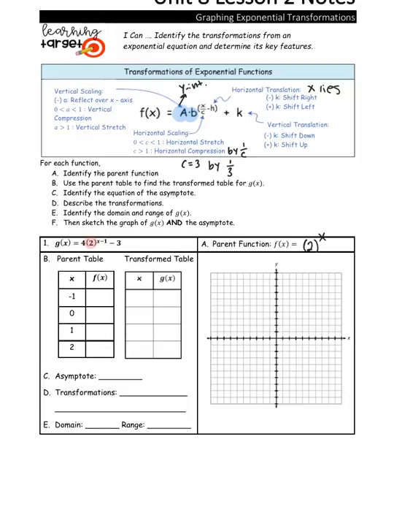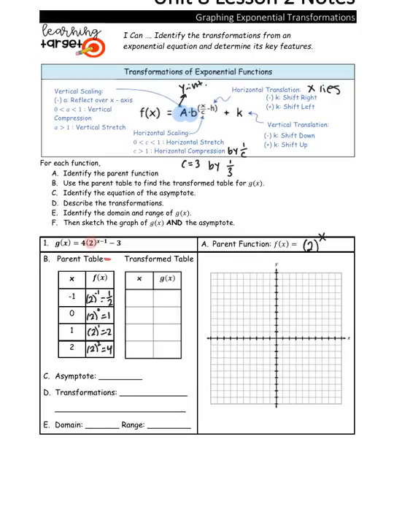I don't care about anything else that's around that 2. So to get my parent table, I'm basically going to take 2, I'm going to raise it to the negative 1, 2 to the 0, 2 to the 1, 2 squared. So I get 1/2, 1, 2, and 4. So let's go ahead and graph that.